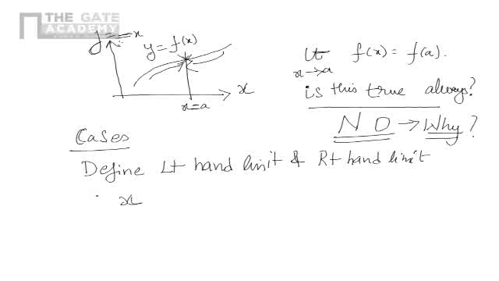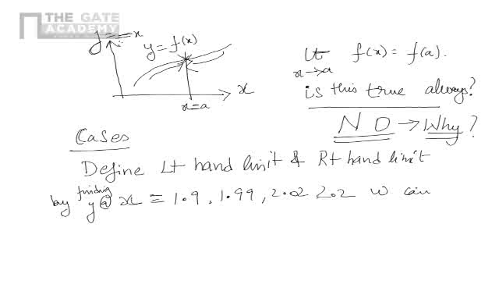By finding y at x equal to 1.9, 1.99, 2.02, 2.2, we can predict y at x equal to 2. Now x equal to 2 lies here.